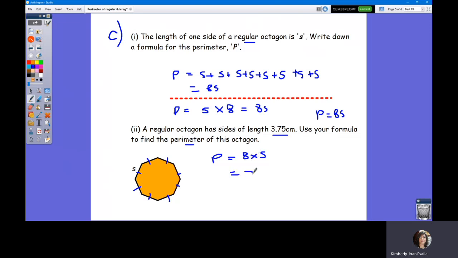We know that S has a value of 3.75, so times 3.75. You either use column multiplication or else you can use a calculator to find the answer, and there you should have the answer of 30 centimeters. So the perimeter of this shape is 30 centimeters.